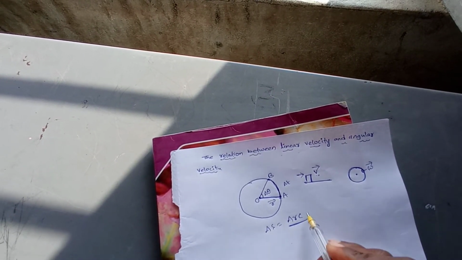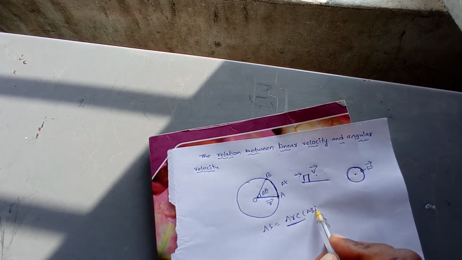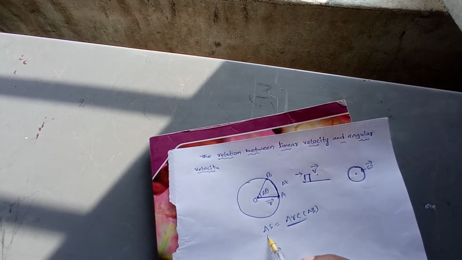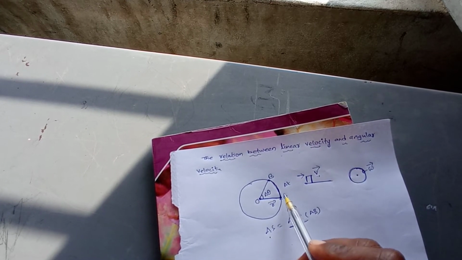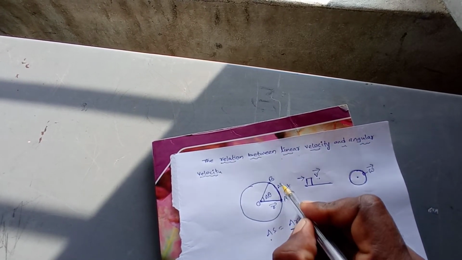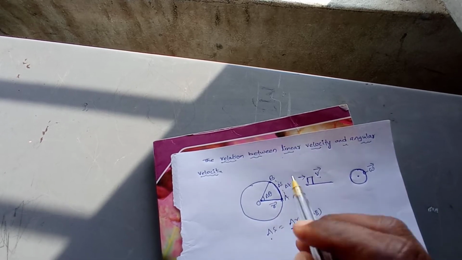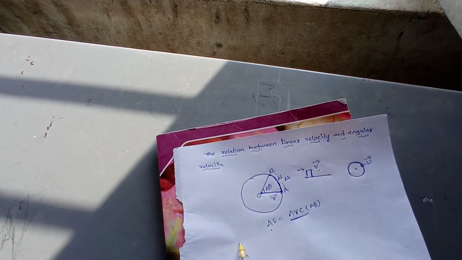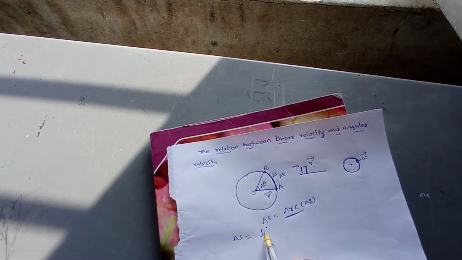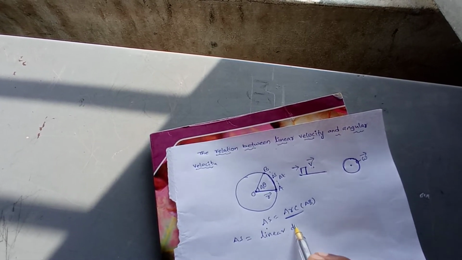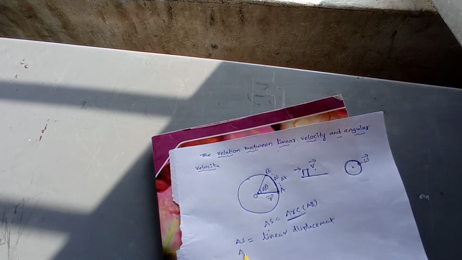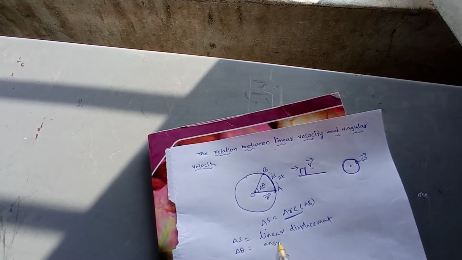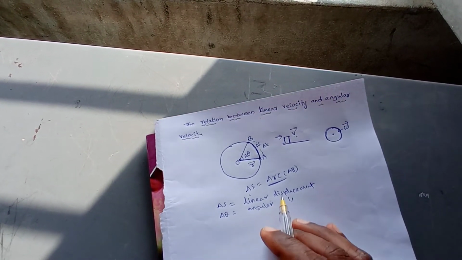Delta S is equal to arc AB. That means delta S is the displacement traveled by the object. This is the linear displacement. This is the angular displacement. What is delta S? Linear displacement. What is delta theta? Angular displacement.